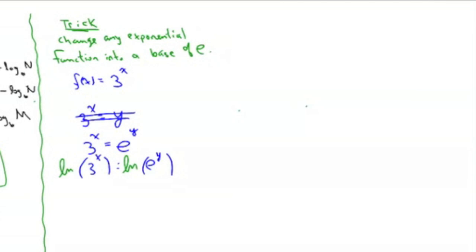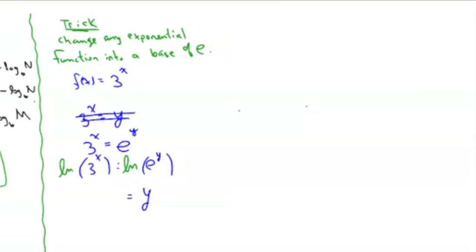Same thing will happen if log and 10 are right next to each other, because remember, log is base 10, just plain old log. When ln and e run into each other, they kind of cancel each other out. I usually say the word poof. And when they go poof, what's left over is just the variable that's there, the y. So on this side, you get y.